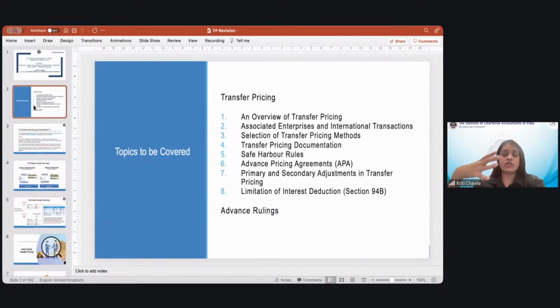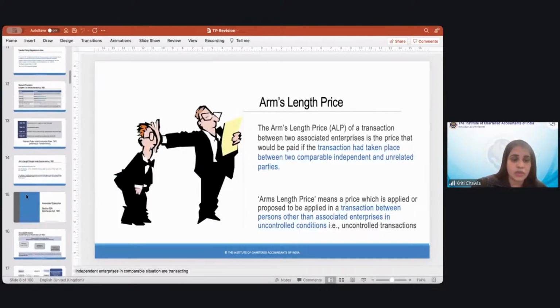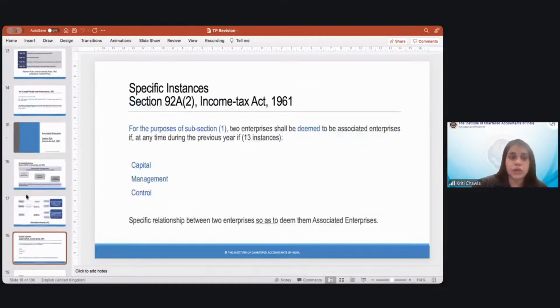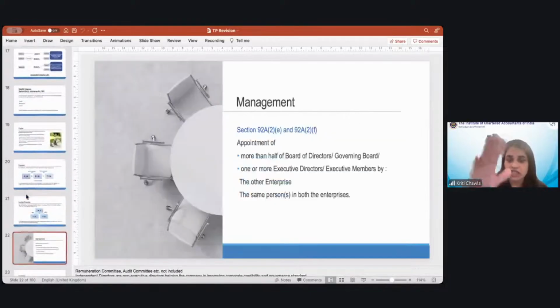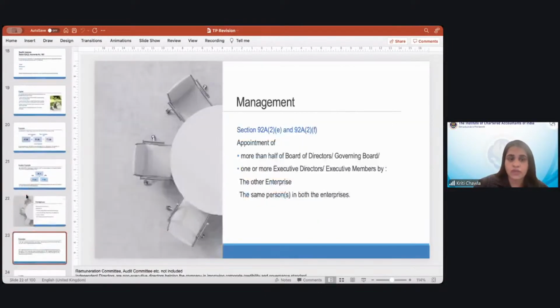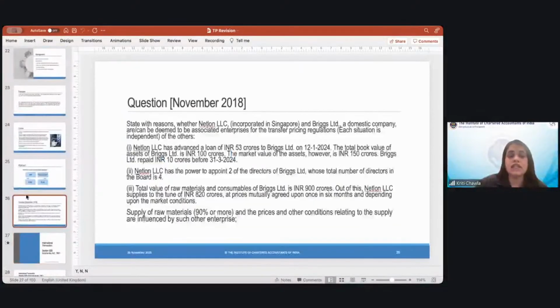Now, how I will be doing this lecture is that I will take you through each topic, like, let's say, associated enterprise. I will talk about the entire topic in a lot of detail through these slides. I will also give you a lot of examples on these topics, like the examples that you can see on the screen. And then I have picked up questions from past papers.